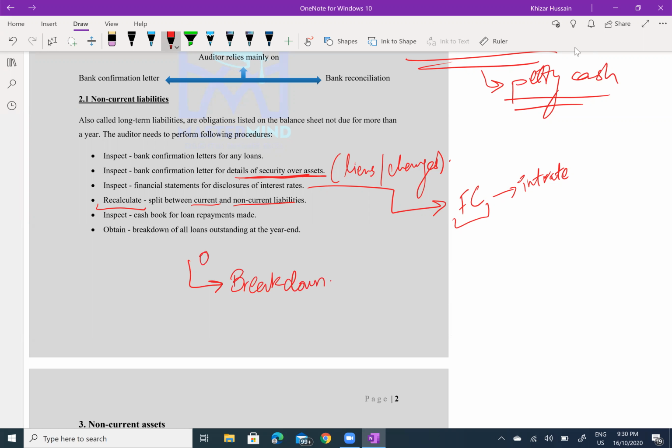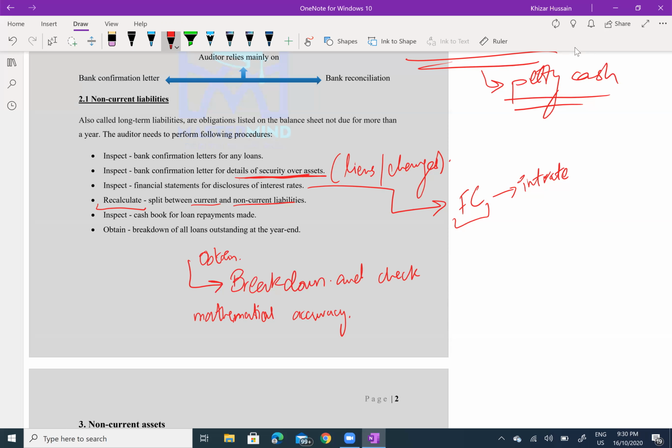So obtain the breakdown, number one, and check mathematical accuracy. Make sense? You ask for the breakdown and you check the mathematical accuracy.